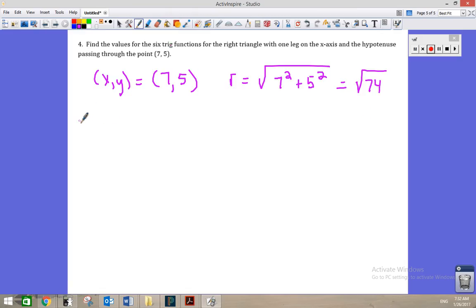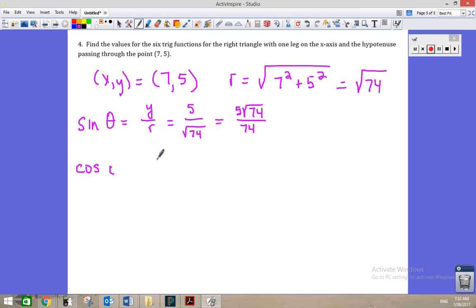Okay, so I've got the sine of angle theta is y over r, 5 over radical 74. Rationalize the denominator. Man, this is not cooperating.